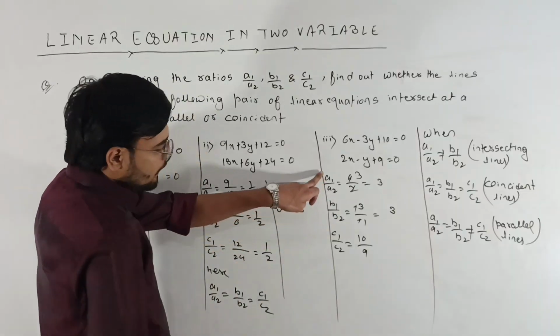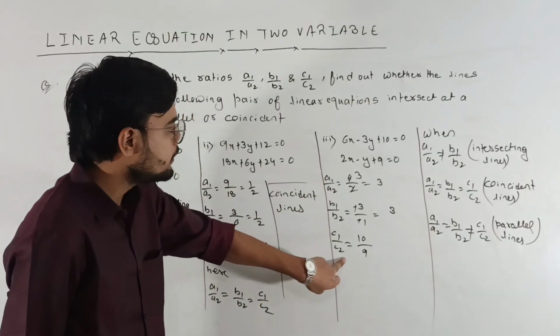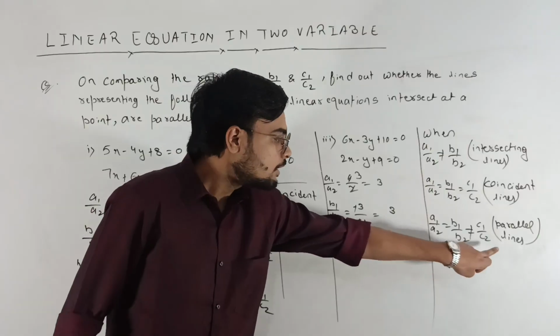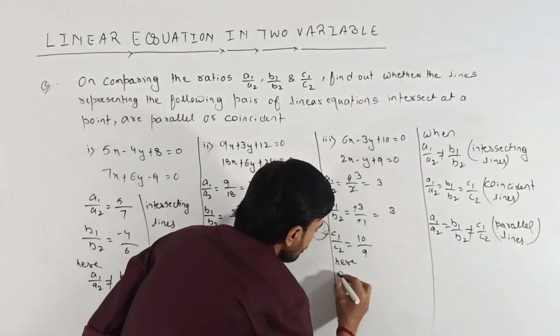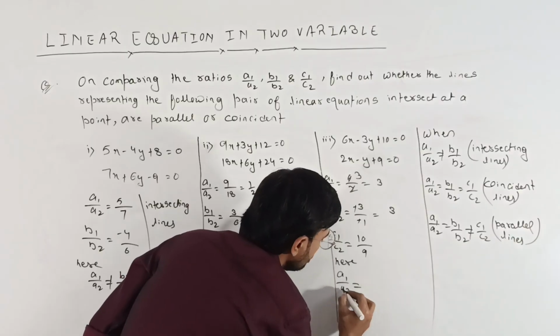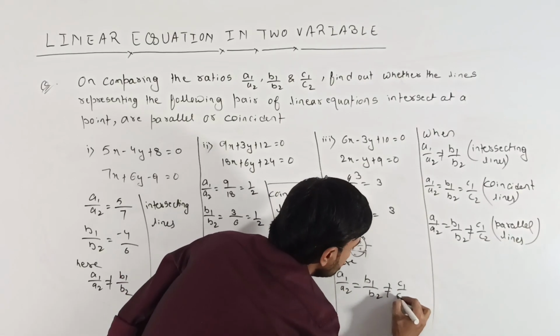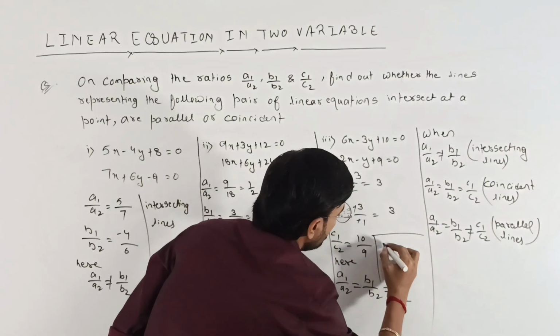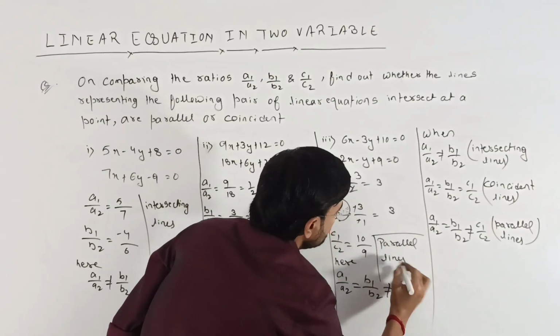In this case a1 upon a2 is equal to b1 upon b2 but is not equal to c1 upon c2, which means this is the third condition, and in this case the lines are parallel.